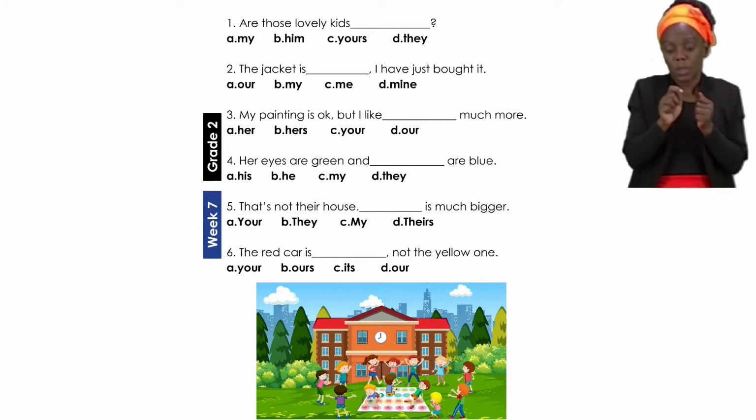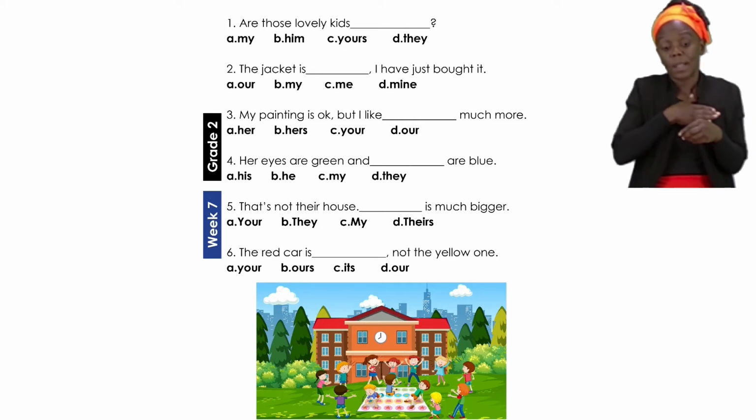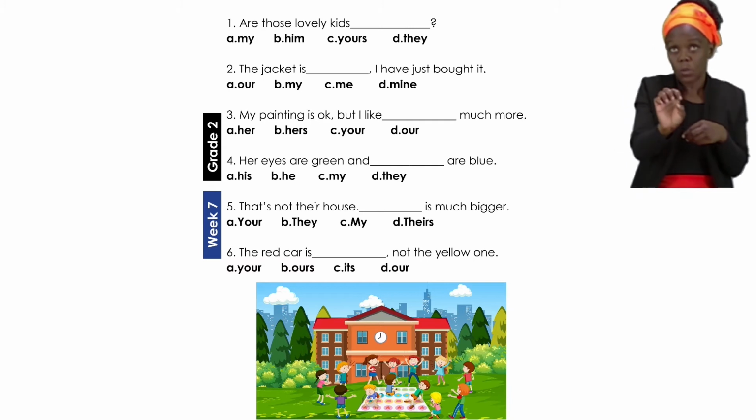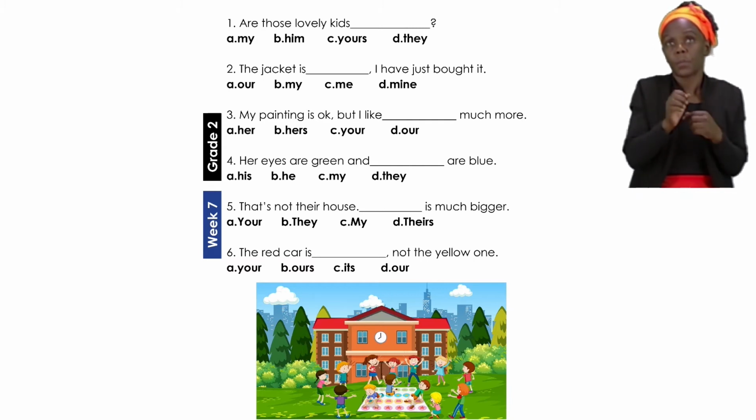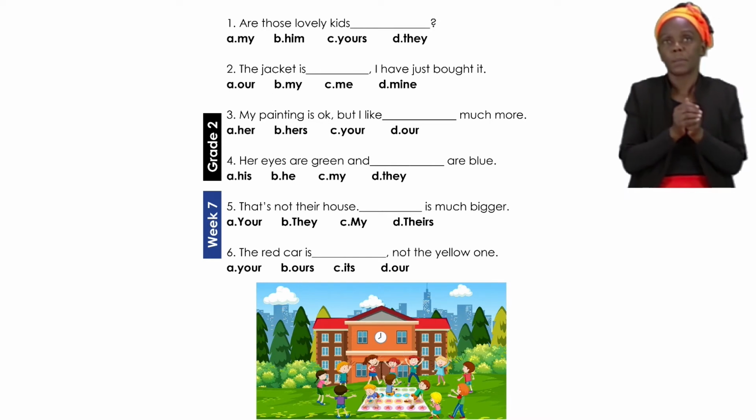Number 1. Are those lovely kids yours? So, if you said they, you were wrong. You were supposed to choose C, which says yours. So, let us now write the word yours.